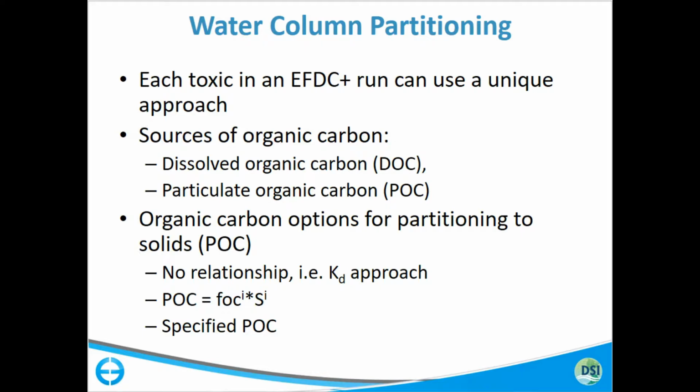So here what you're doing is you're just saying, okay, well, of that cohesive material out there, 20% of that is organic carbon, and then that non-cohesive sediment class, maybe 5% is organic carbon, etc. And all you have to do is assign these FOCs, and they will be applied when it's calculating the POC. You do have an option for spatially varying your FOCs associated with your sediment classes also.